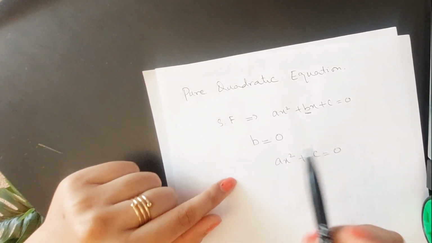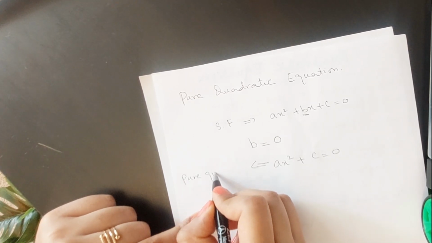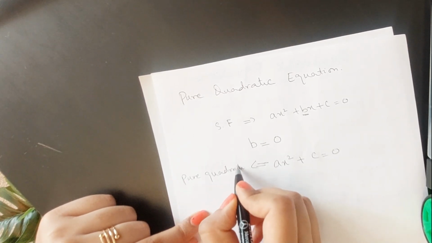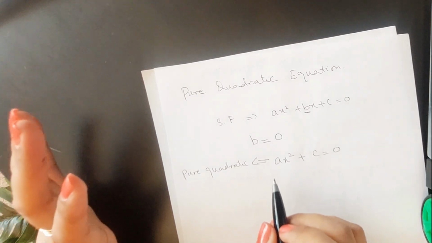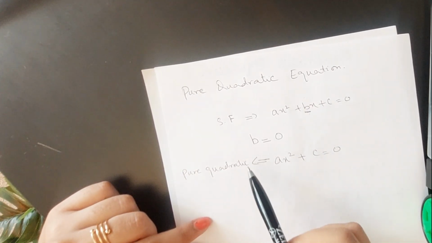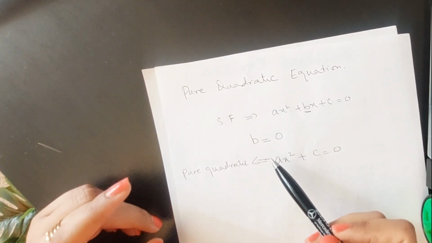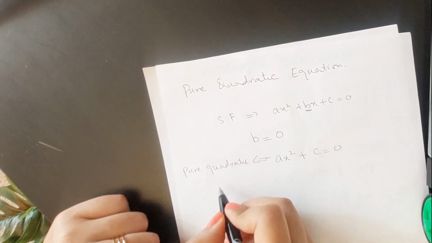So ax square plus c is equals to 0 is called pure quadratic, right? So in any equation, if this b is equals to 0, then the quadratic equation will be called pure quadratic equation. And I will give you some examples.